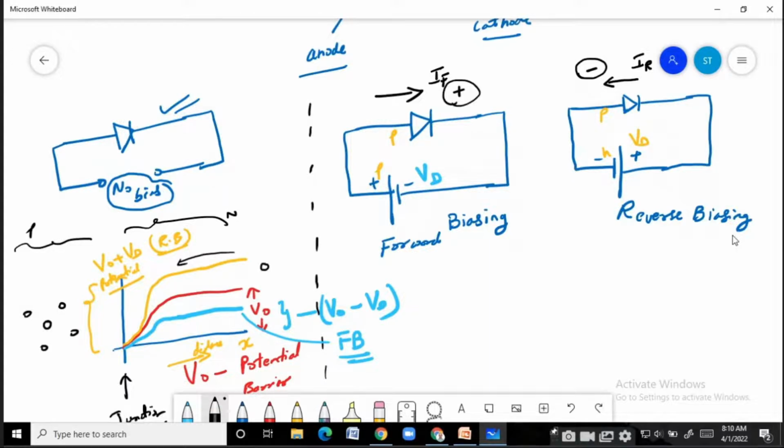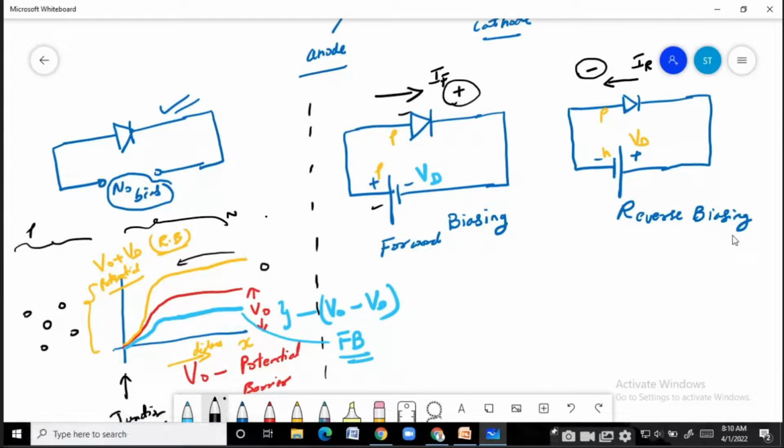When you are forward biasing, you are applying the positive terminal of the power supply, this one, to the anode of the diode. This is the anode of the diode, the P side, so call it PP.